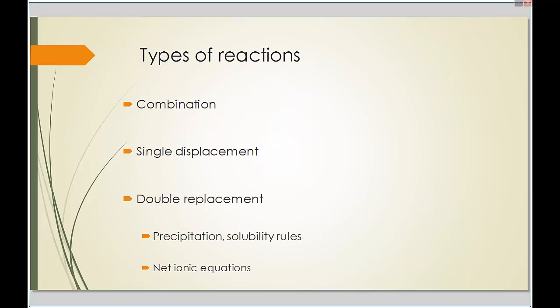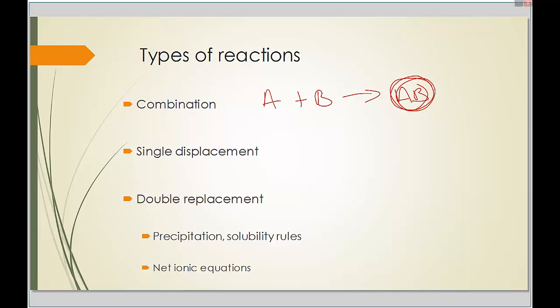So let's take a second to look at the types of reactions. We have combination. That means we have 2 or more things coming together to be 1. So if you see one thing on the right, that means you have combination. The opposite of that is decomposition. You'll have one thing on the left. But combination is one thing on the right.